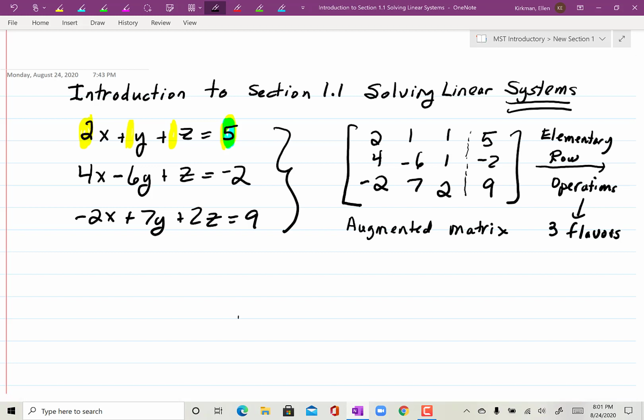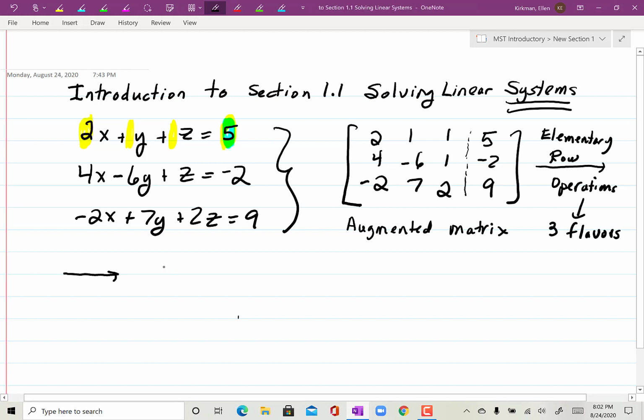For example, one thing I might do is multiply the top row by minus 2, add it to the second row, and then replace the second row by that sum, which would amount to using these first 2 equations to eliminate x.